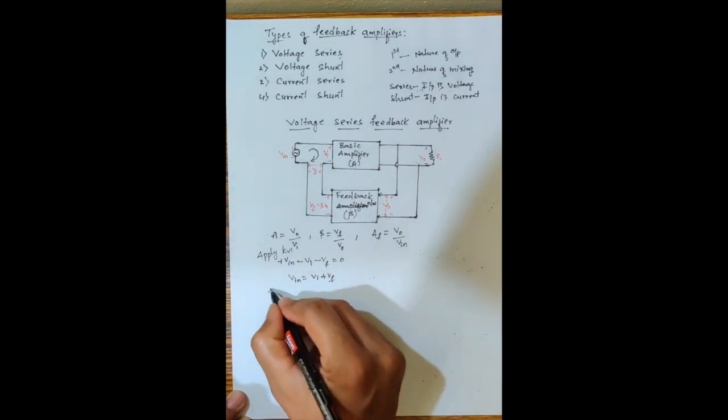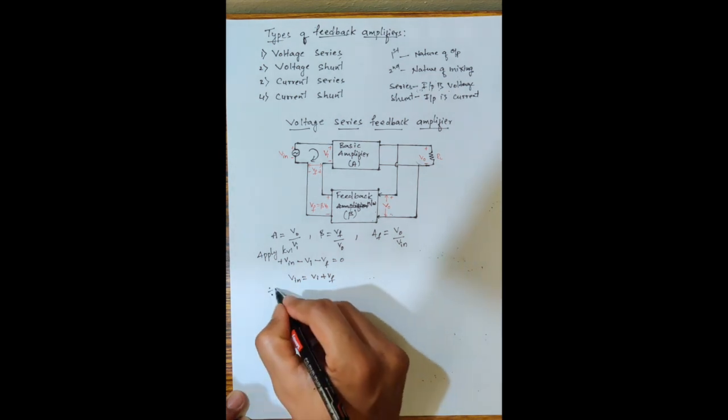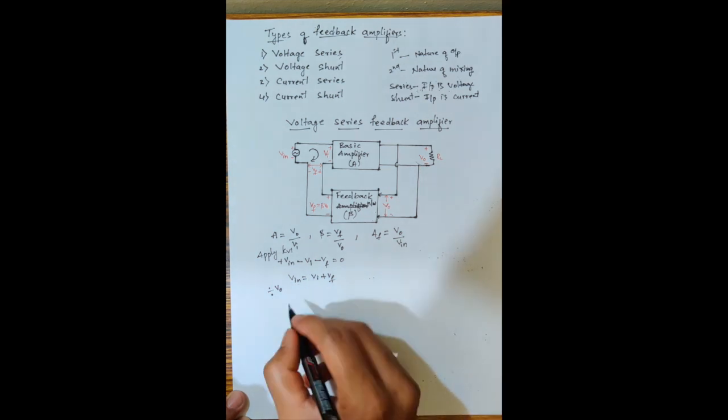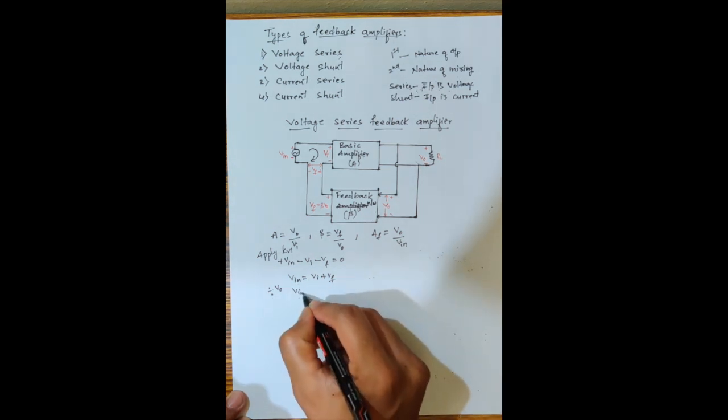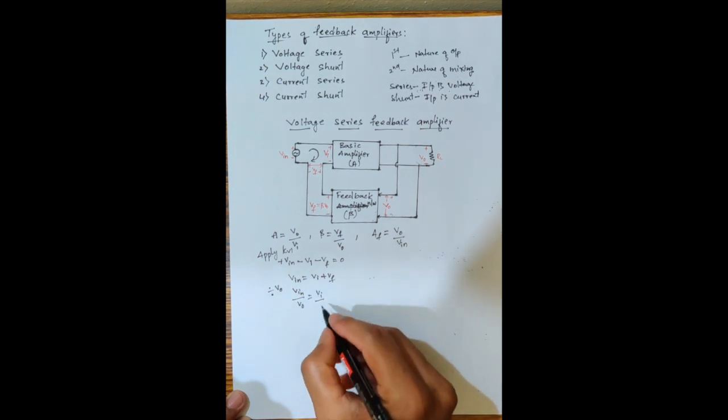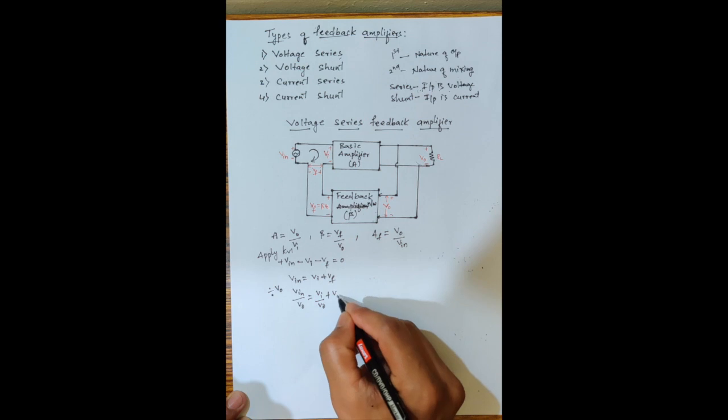Now if I divide this equation by V output on both sides, left hand side as well as right hand side, it will be V in by V output is equal to Vi by V output plus Vf by V output.